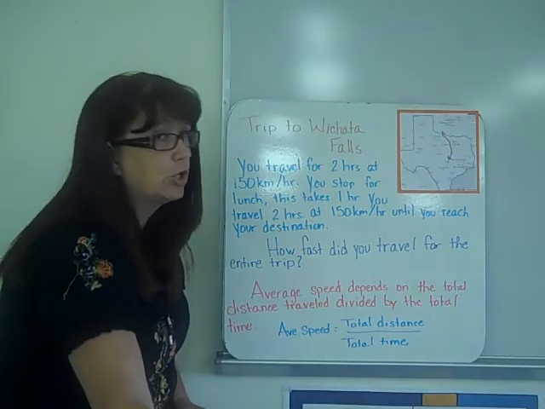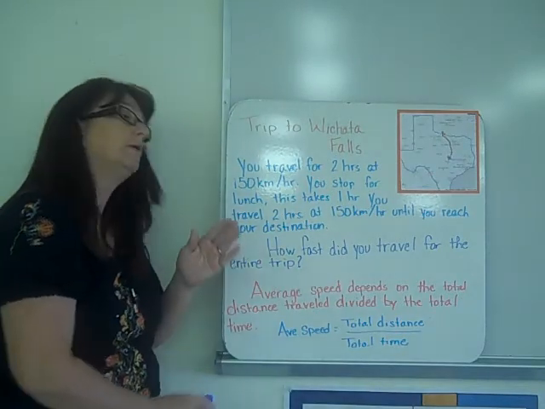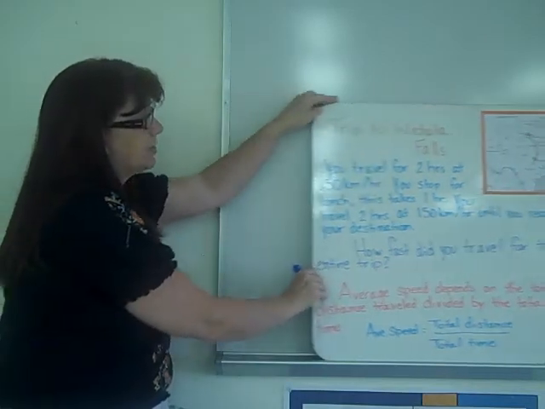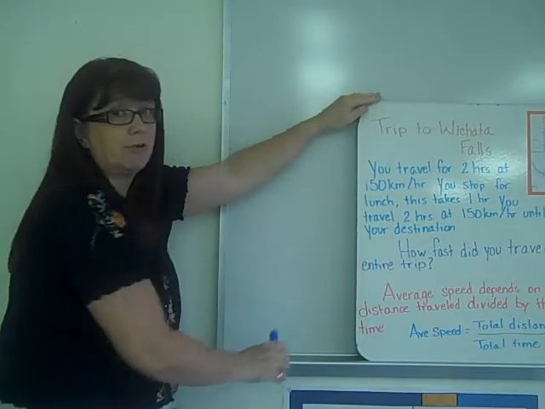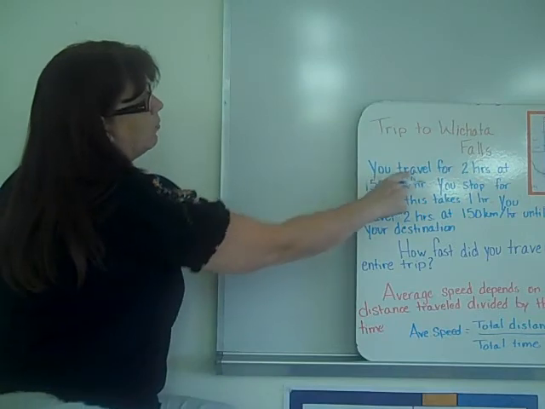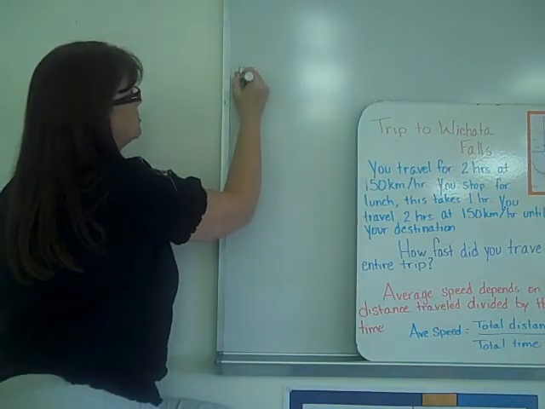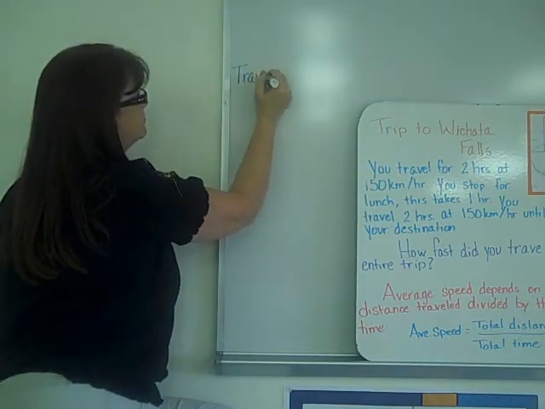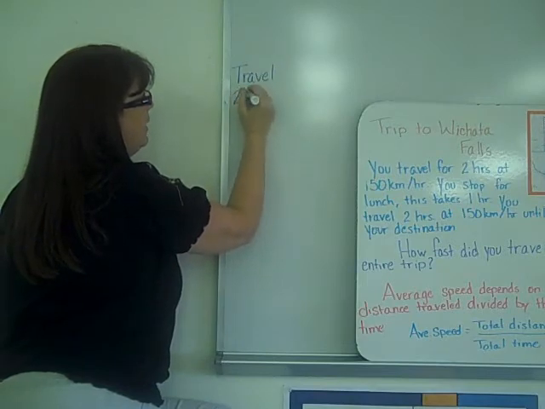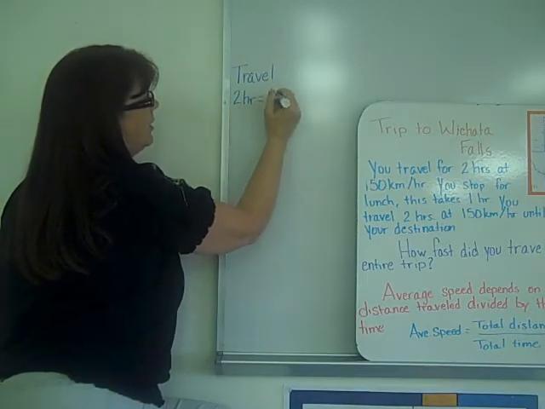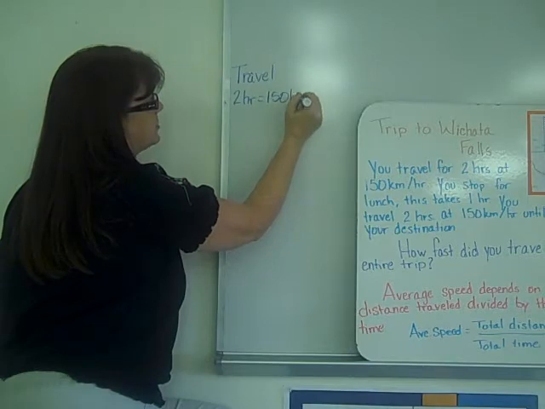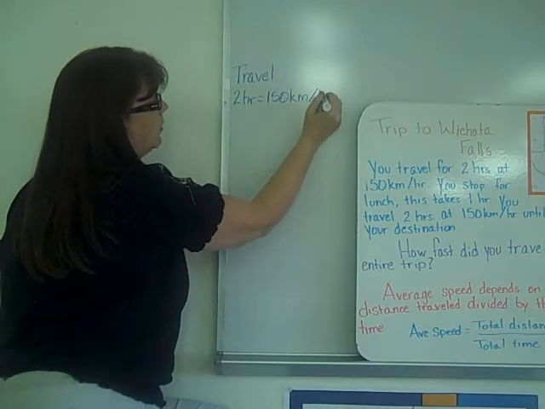All right, so let's look at this problem. What I want you to do is take down this information underneath the average speed. We traveled 2 hours, so I'm going to write travel. We traveled 2 hours at 150 kilometers per hour.